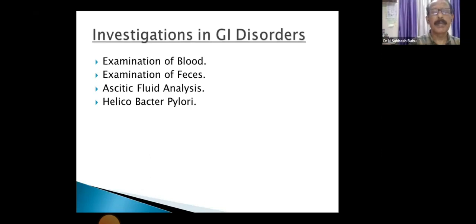Other hepatobiliary pathology related investigations we'll discuss later, so I am not going into that part, like liver function test. And then naturally, the next important thing is examination of the fecal matter. In that, we have to conduct a routine examination to identify the parasite, mucus, or blood, occult blood.